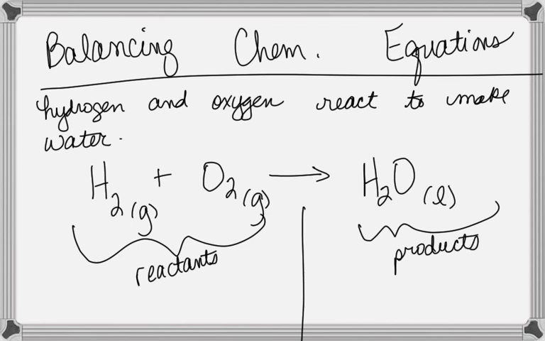Do you guys see that on the left side of the equation, there's 2 hydrogens and 2 oxygens, but on the right side of the equation, there's 2 hydrogens and 1 oxygen in water? Okay? The law of conservation of mass says you can't do that. It says you can't mix 2 hydrogens and 2 oxygens and end up with 2 hydrogens and 1 oxygen. Because the law of conservation of mass says that elements don't disappear.